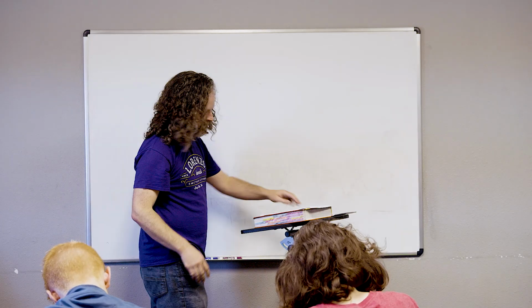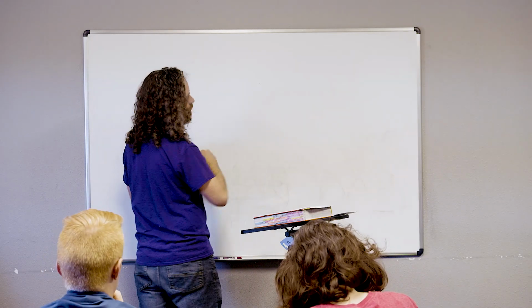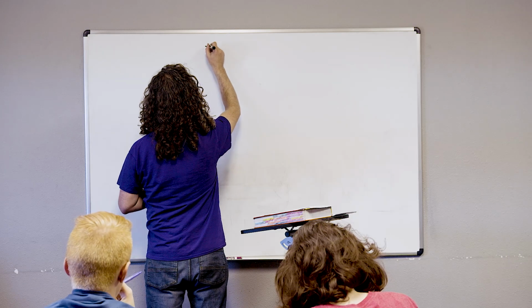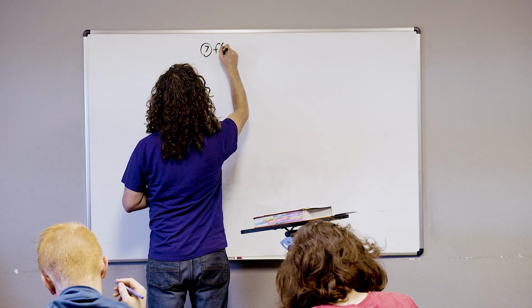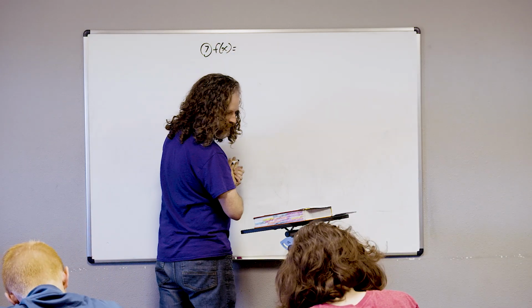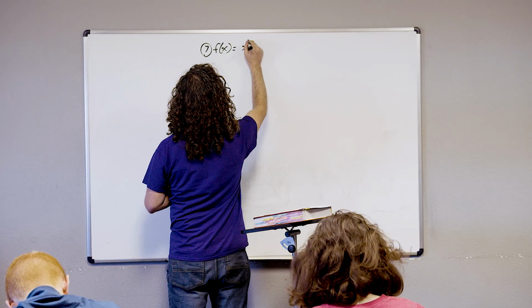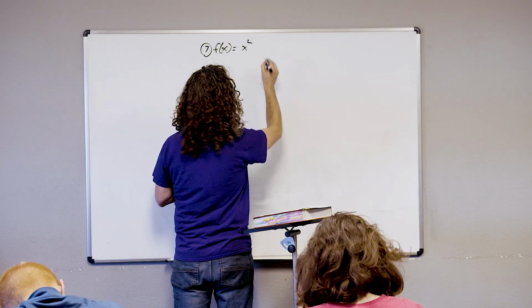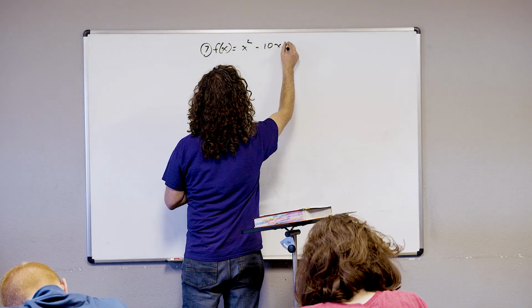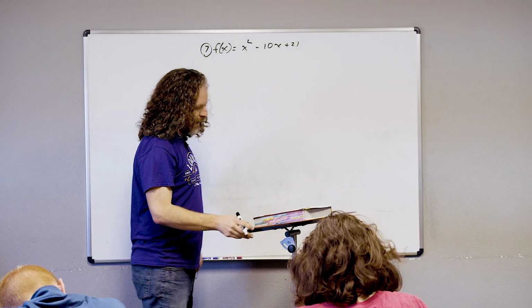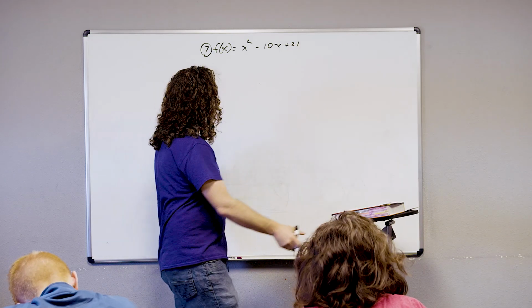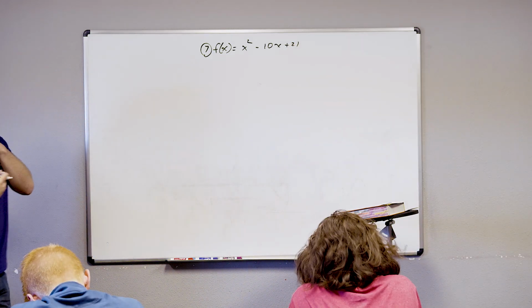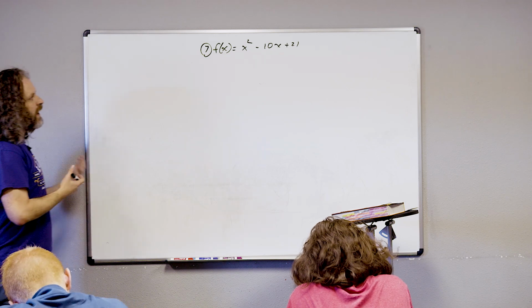So let's take a look at it. If I can find my marker. Okay, so number 7 is f of x equals x squared minus 10x plus 21. And we're asked to find the y-intercept and the zeros. So if you remember, to find the y-intercept, we put a 0 in for x.